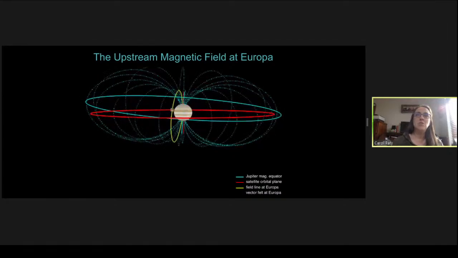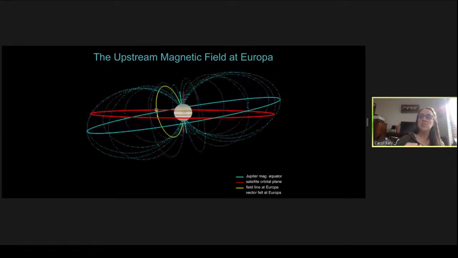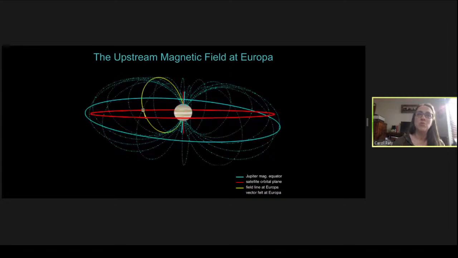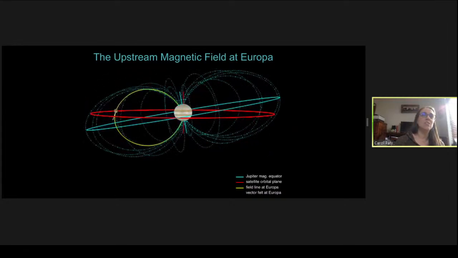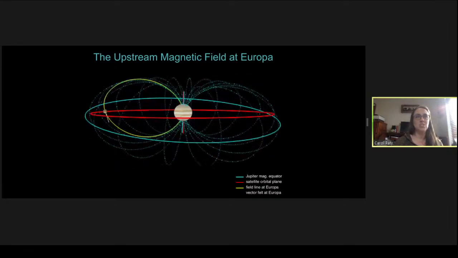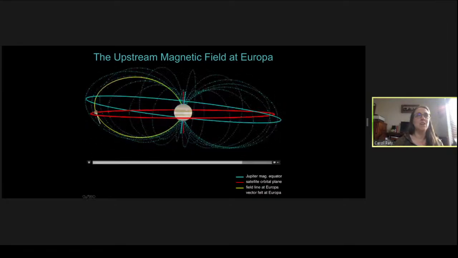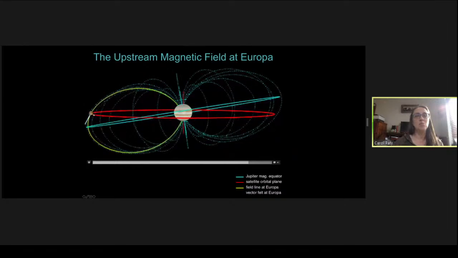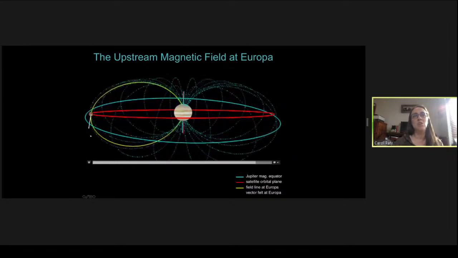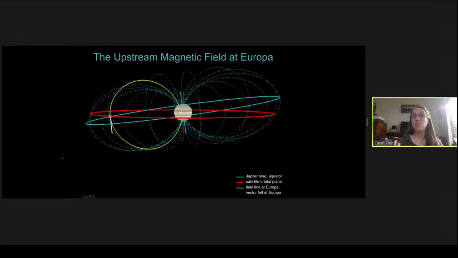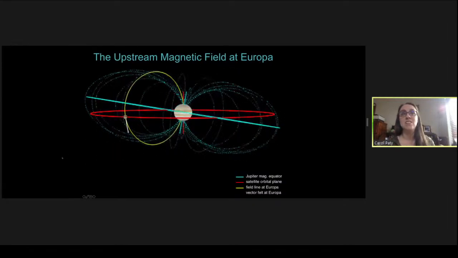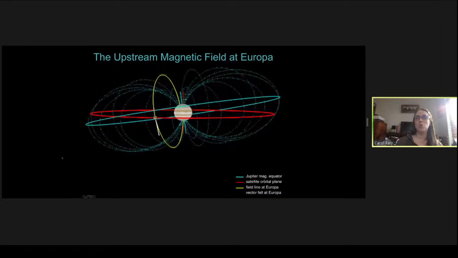So every rotation of Jupiter, plus a little bit of extra motion from Europa's orbital motion, we see the magnetic equator is sweeping up and down over Europa's orbital location. You can see that really well right now on the edge here, changing the magnetic field orientation and strength that's felt by Europa as it moves around its orbital path.